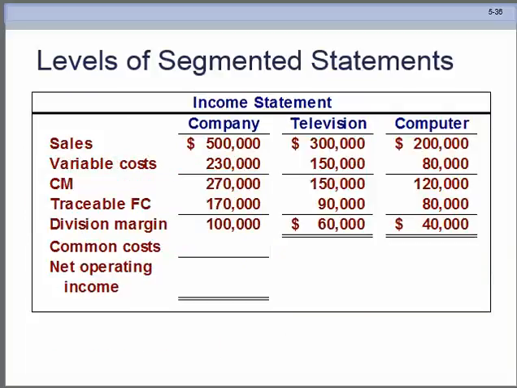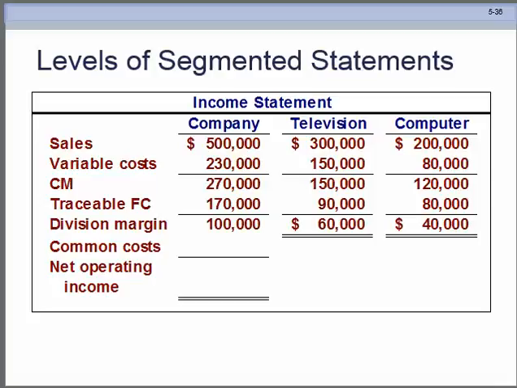And so looking at it now side by side, you can put together the division margin for each division: company, television, computer. And if you add the right two columns, you get the left column, of course.